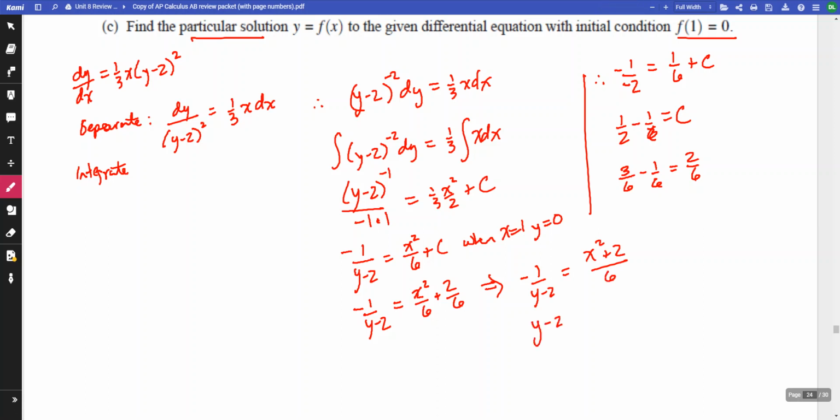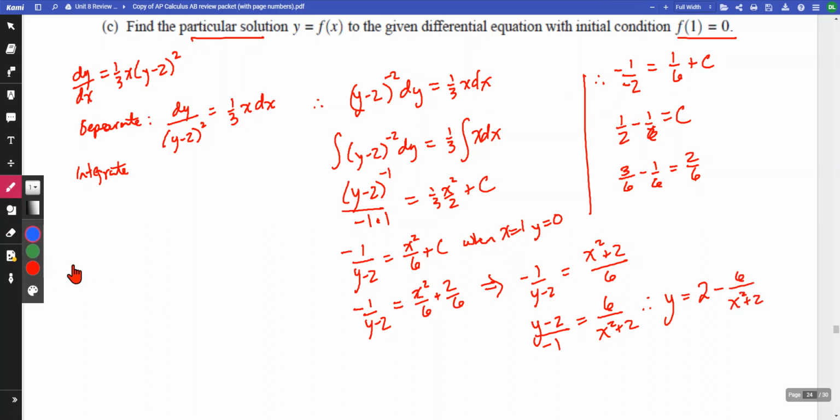So (y minus 2) over negative 1 is 6 over (x squared plus 2). Almost there. So y equals 2 minus 6 over (x squared plus 2). I multiply the negative to that side and add 2 to both sides of my equation. So I end up with my final answer.